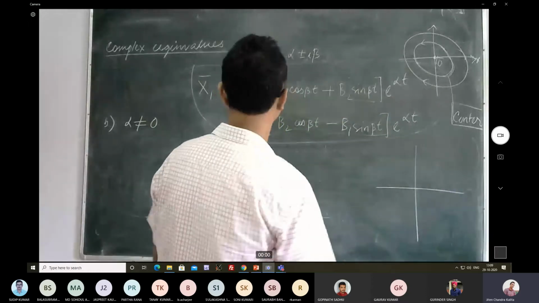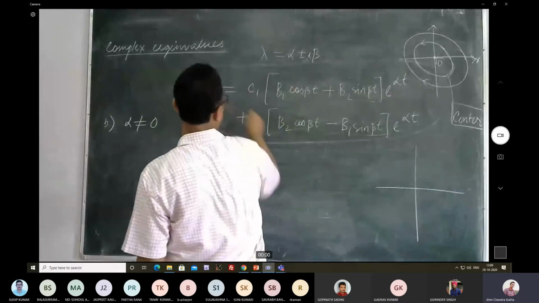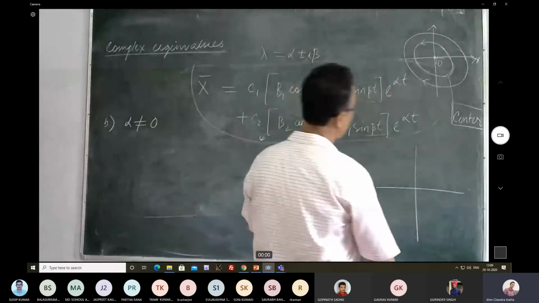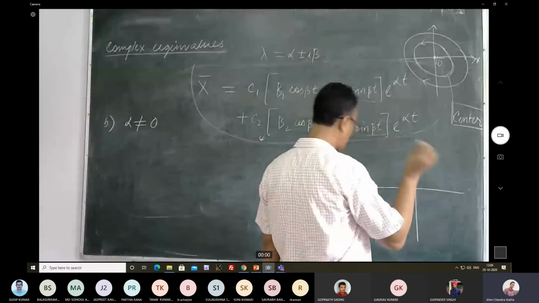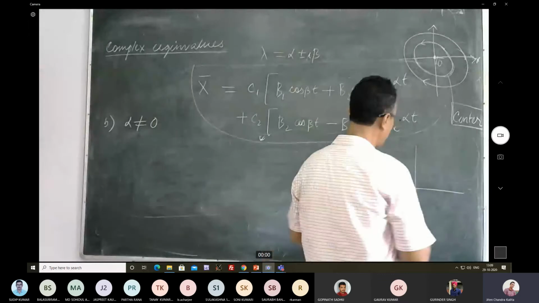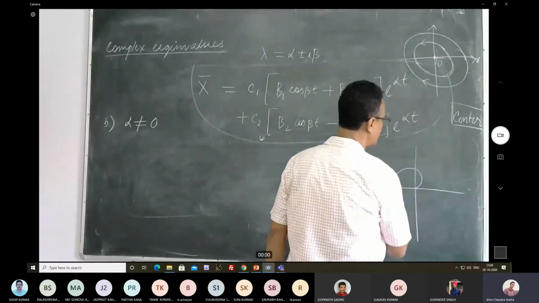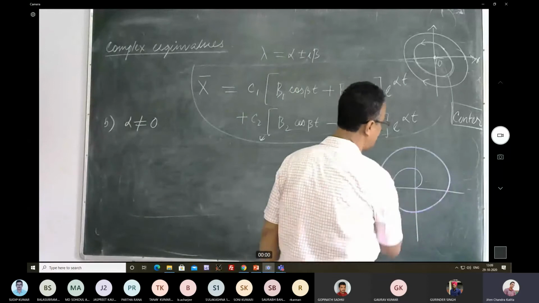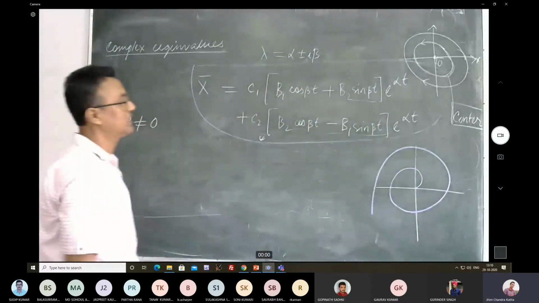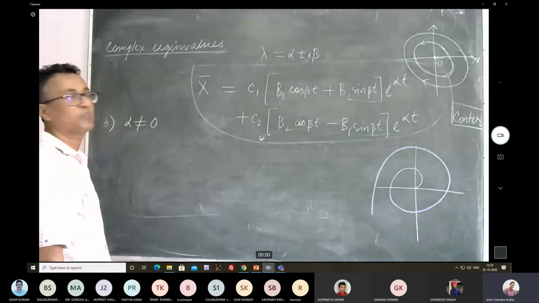In all the books, they will say that by looking at this solution, you can easily see, it is not very easy, that the trajectory is going to be something like this.